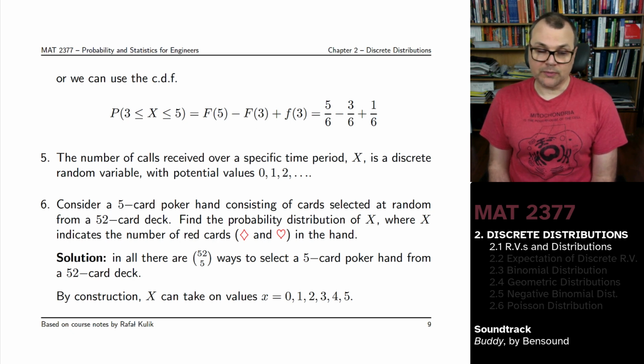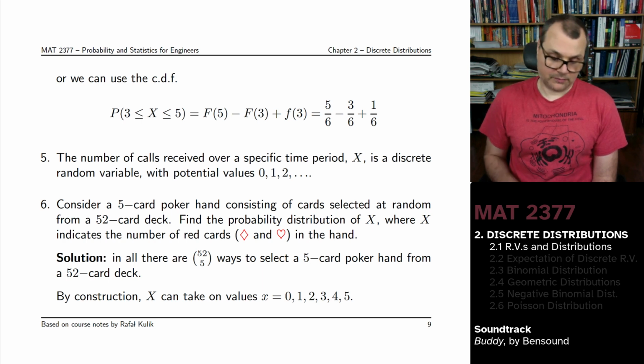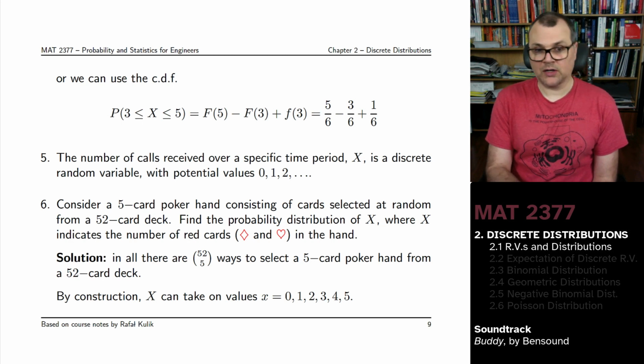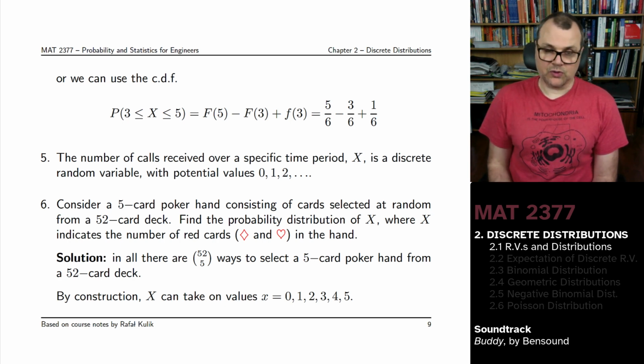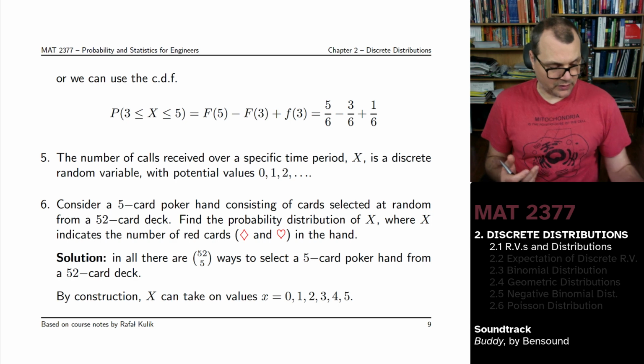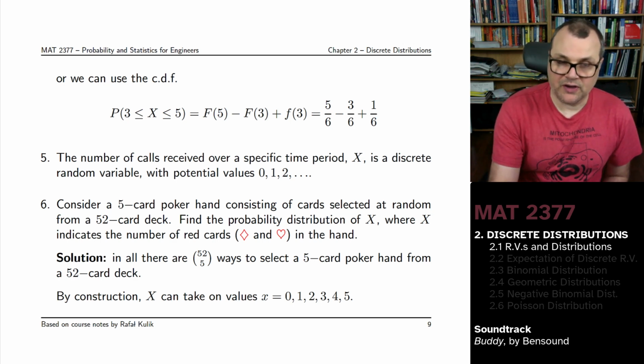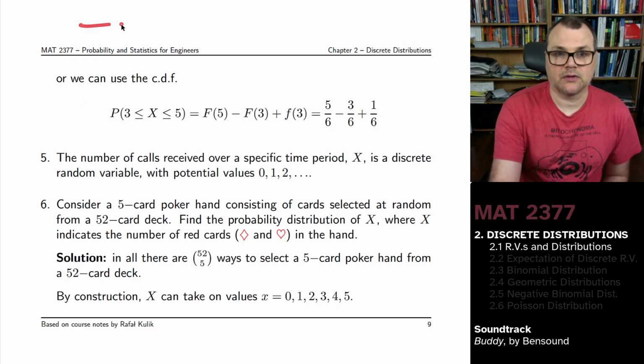Now we know from what we saw in the first chapter that you have 52 choose 5 ways to select 5 cards from a 52 card deck. If you want, that's 52 factorial divided by 5 factorial divided by 52 minus 5 factorial, right? In other words, if you're picking 5 cards, you have 52 choices.